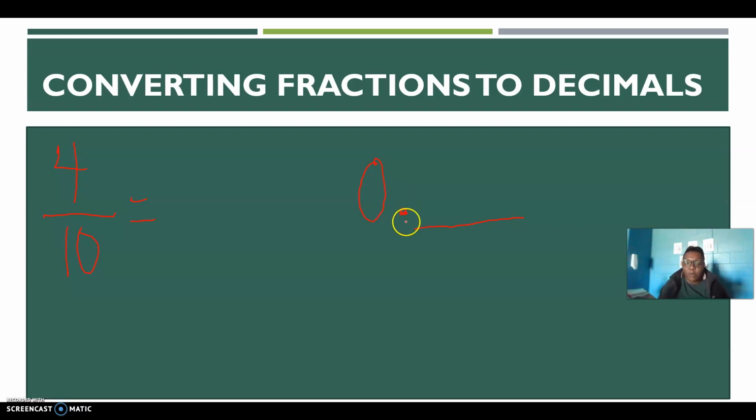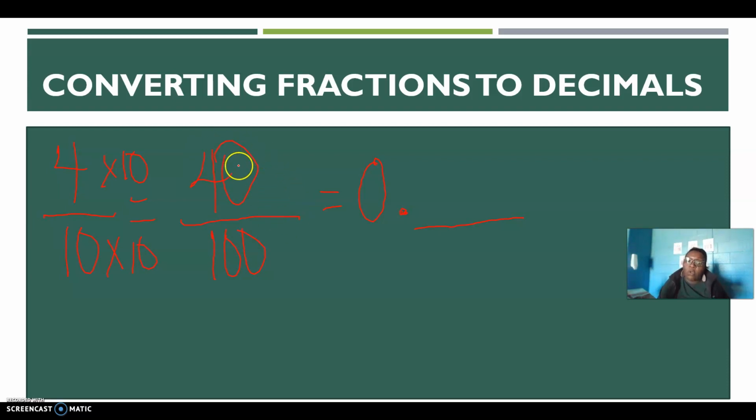So 0 point what? To find that out, all I need to do is put this over 100, okay? Got some converting here to do. 10 times 10 is going to give me 100 for my denominator. Whatever I multiply my denominator by here, I have to multiply that same number with my numerator, and that is 40, okay?